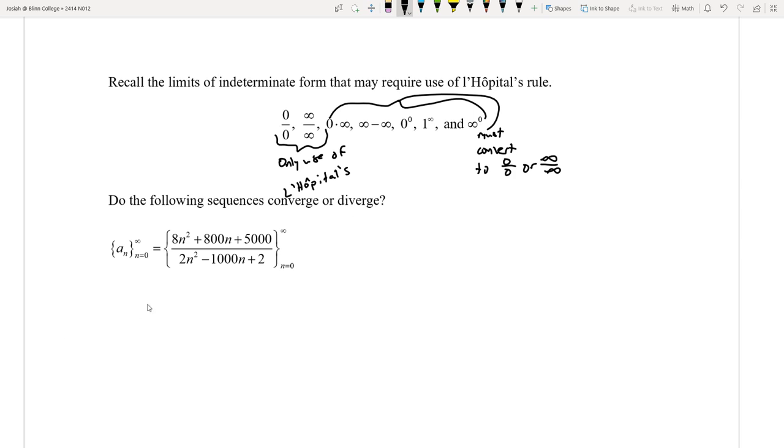So, do the following series converge or diverge? That is simply asking for the limit as n tends to infinity of this entire thing here: 8n squared plus 800n plus 5,000 over 2n squared minus 1,000n plus 2. And so remember that the way that we're going to deal with this is by multiplying by 1 over, for the top and the bottom, the largest power of n in the bottom.